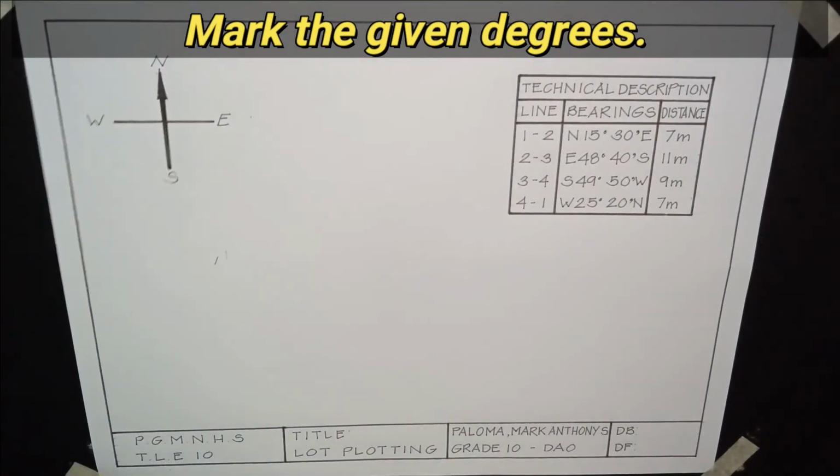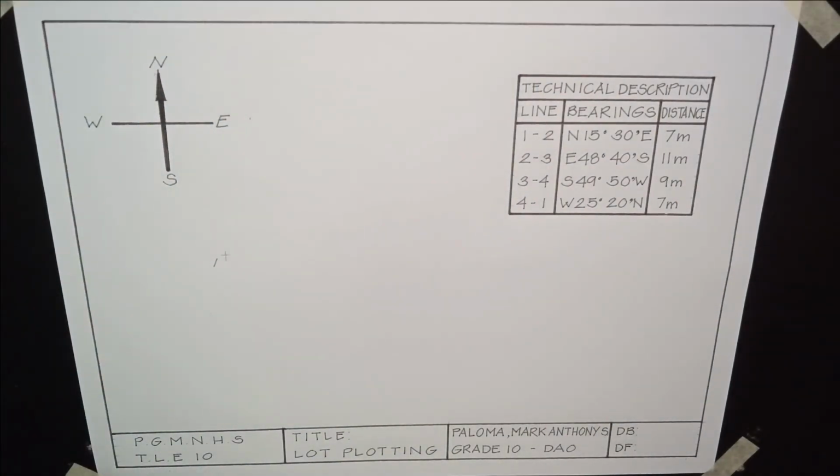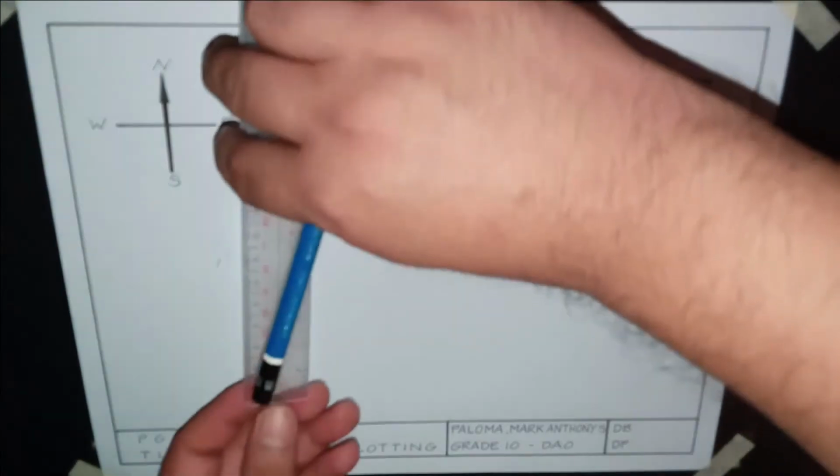The given distance for the point of beginning from point 1 to point 2 is 7 meters. So since we're using scale 1 is to 100, 7 meters is equal to 7 centimeters.